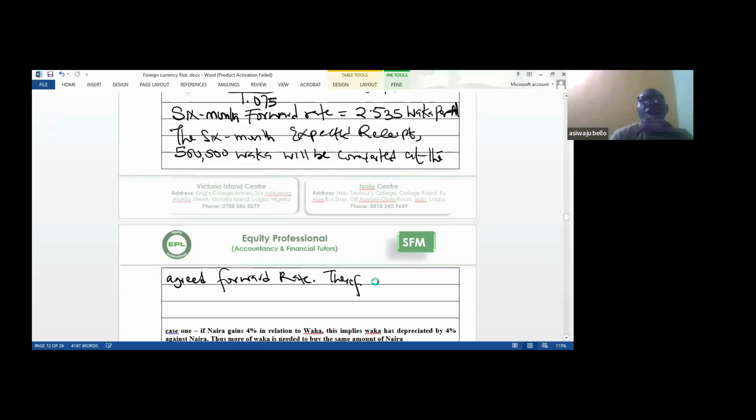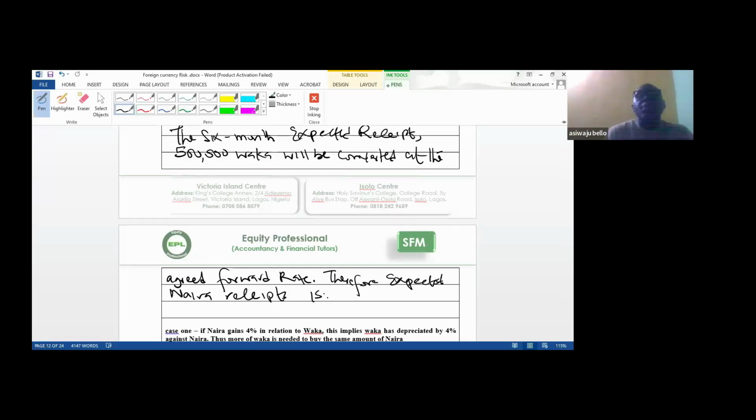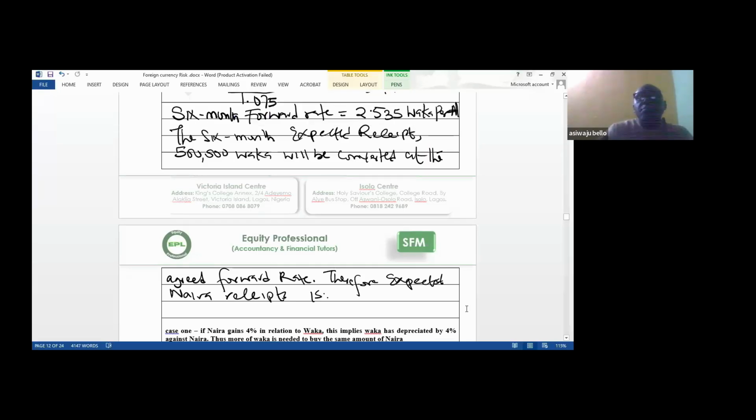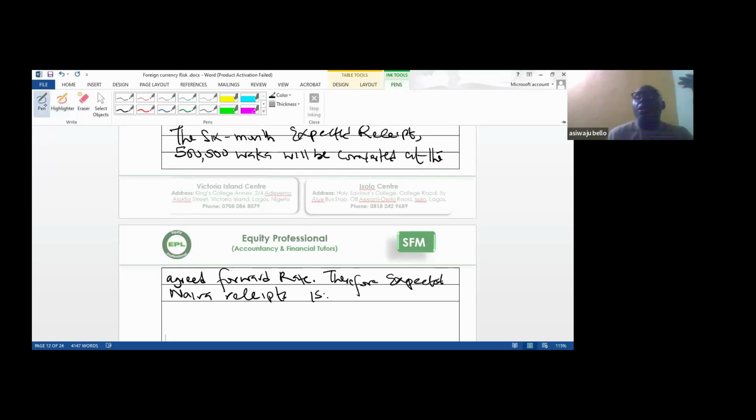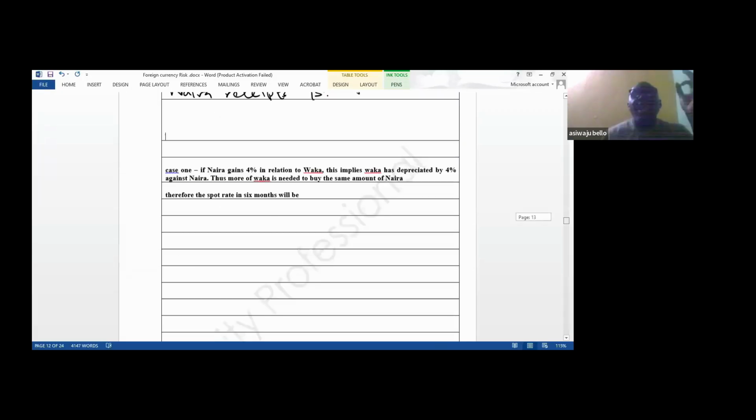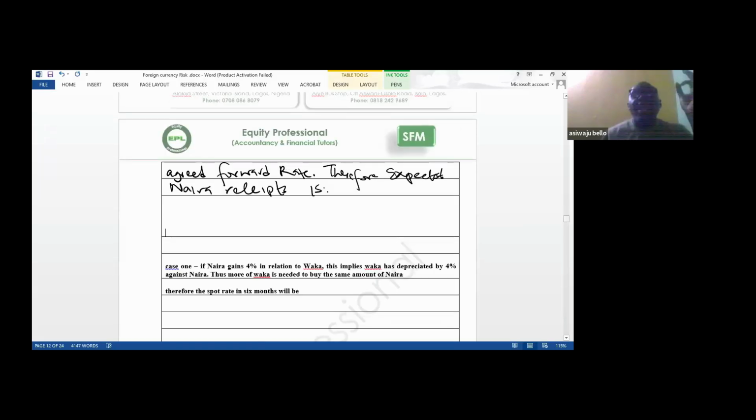Therefore, our expected Naira receipts will be equal to, look at it, we want to convert 500,000 waka to Naira at an exchange rate of 2.535 waka.